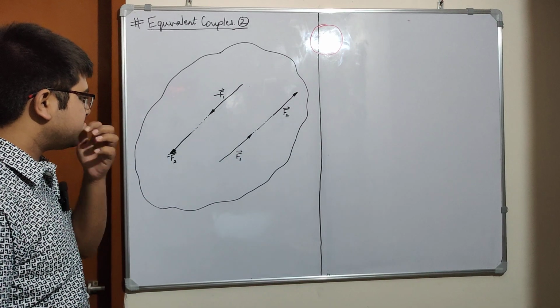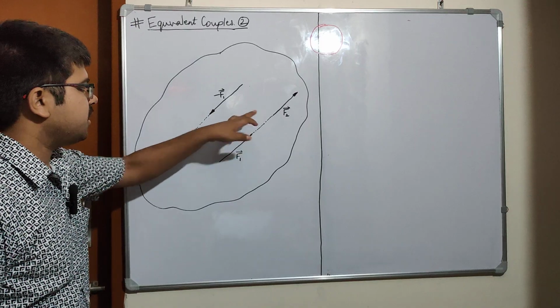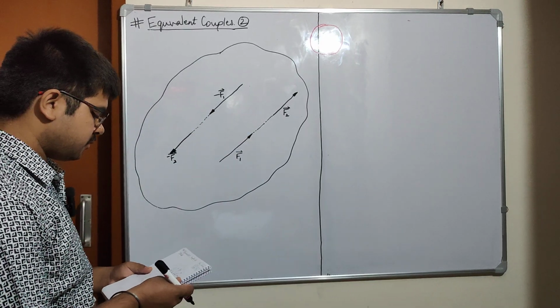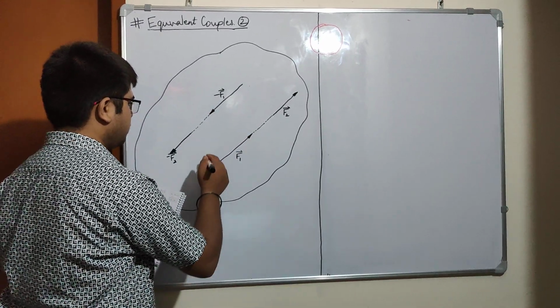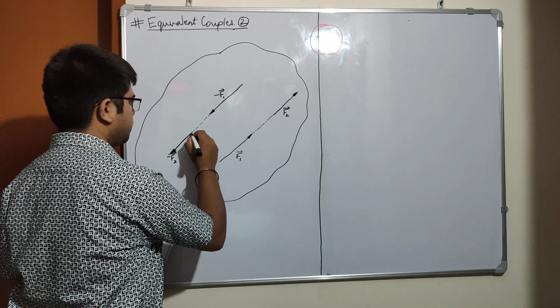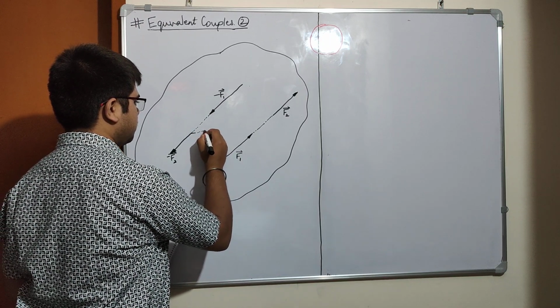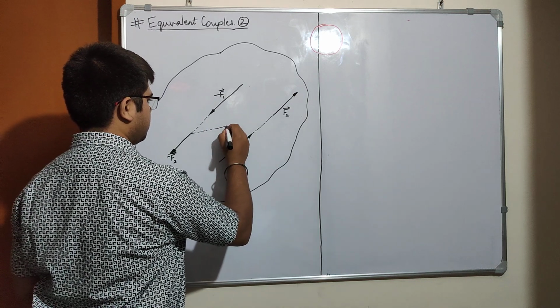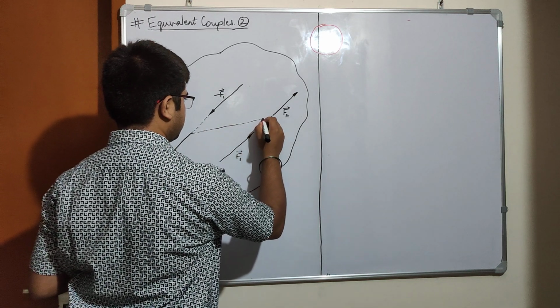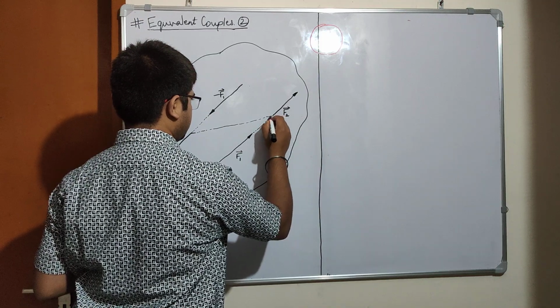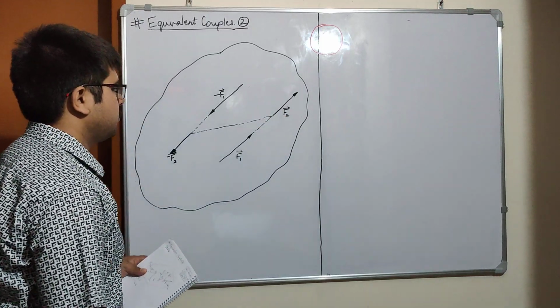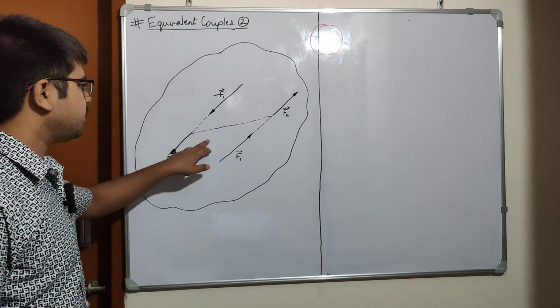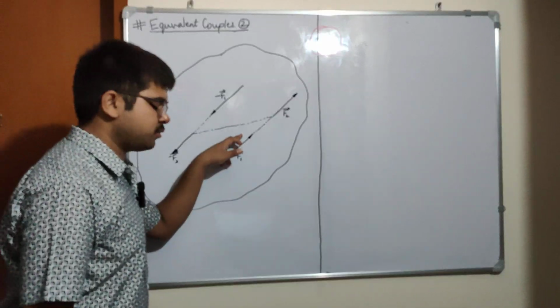forward. Now let's join the two vectors' tails together. I've joined the two vectors' tails together.